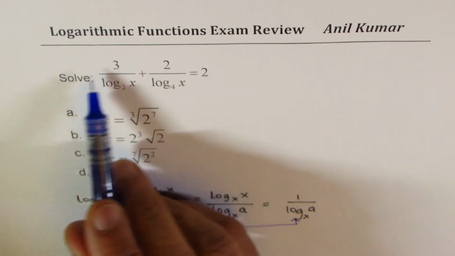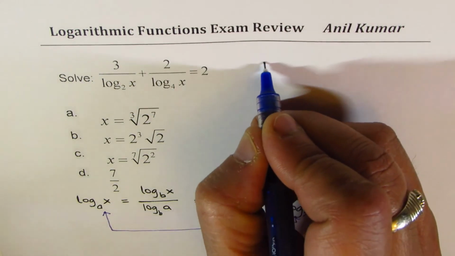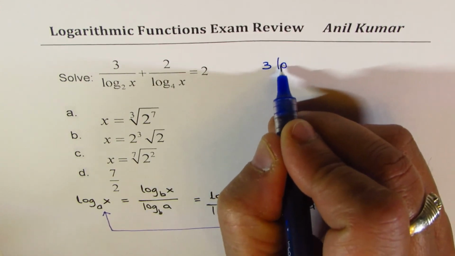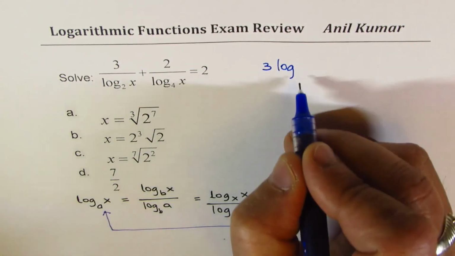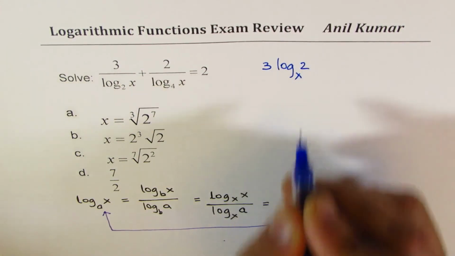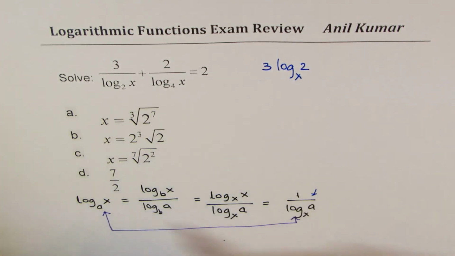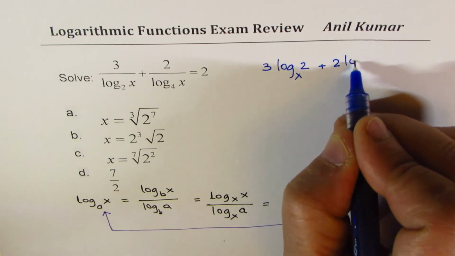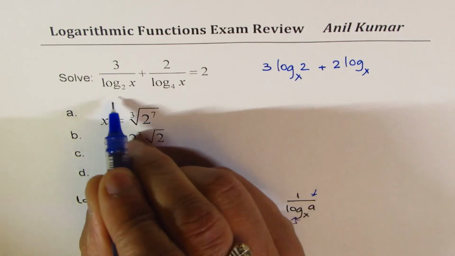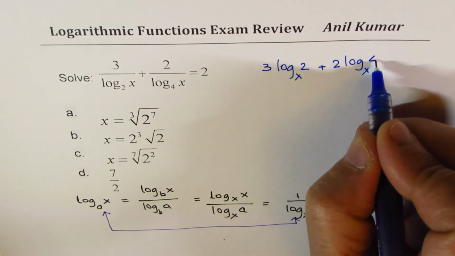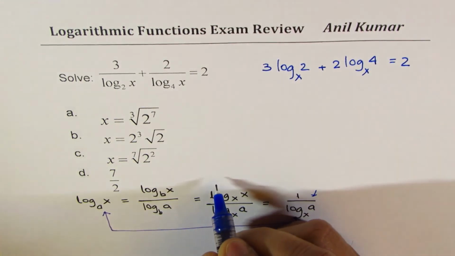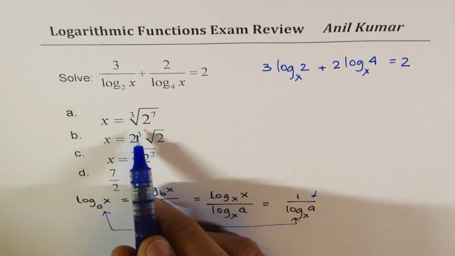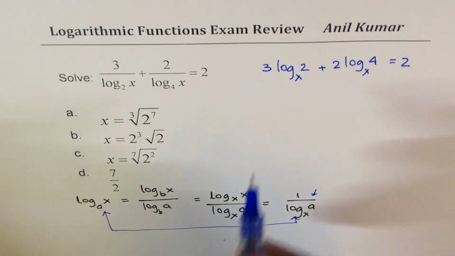So I can rewrite this equation as 3 times log to the base x of 2. Do you see that? So I'm using this particular formula to rewrite, and then we will solve. In doing so, we have made a common base of x for both the terms, correct? Equals 2. Now the answers are given as powers of 2, so we'll write everything as a power of 2.